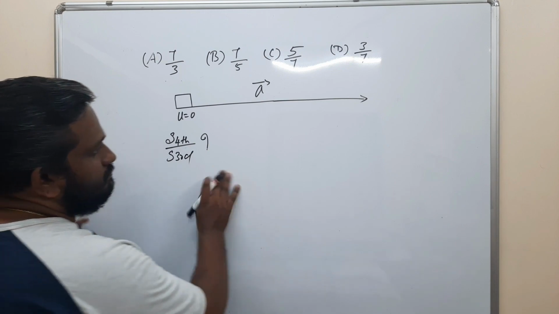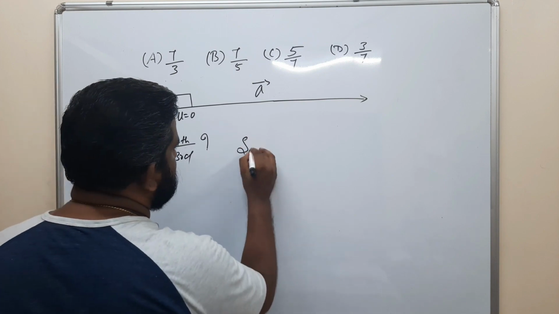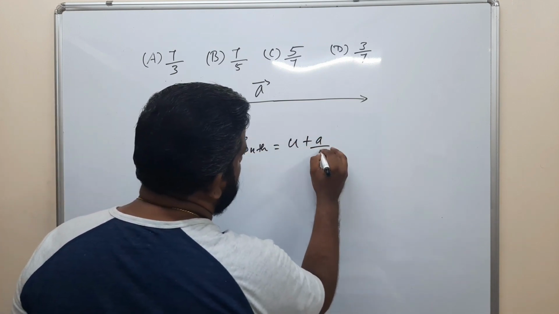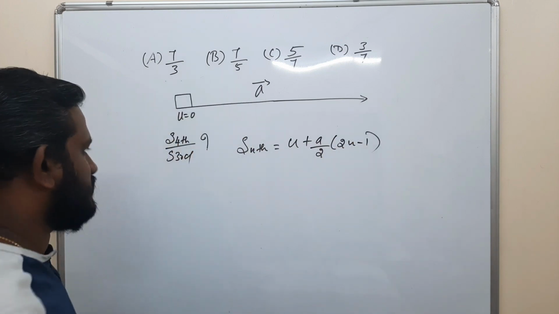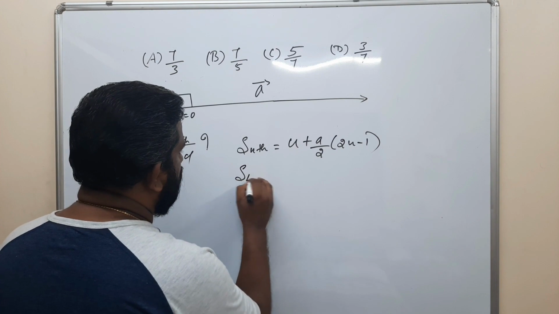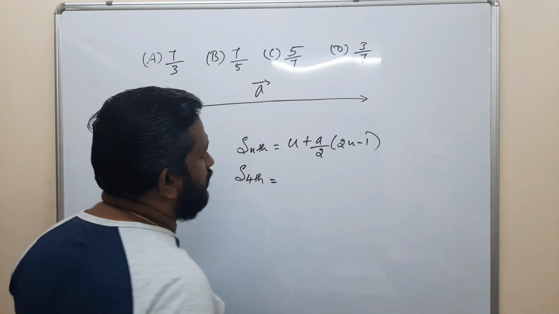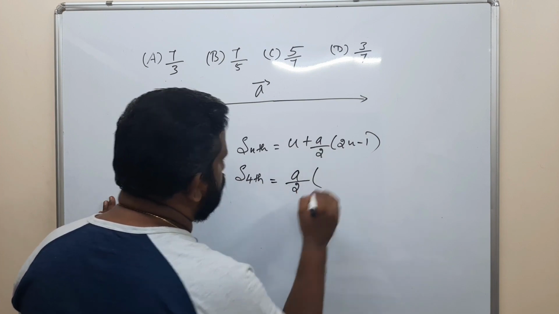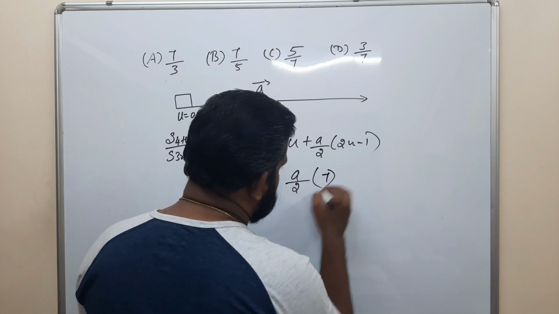The distance travelled by the object in the nth second is given by the formula u plus a by 2 into 2n minus 1. So for the 4th second, the initial velocity is 0, it is moving with uniform acceleration, so a by 2 into 2 4s are 8, 8 minus 1, that is 7.